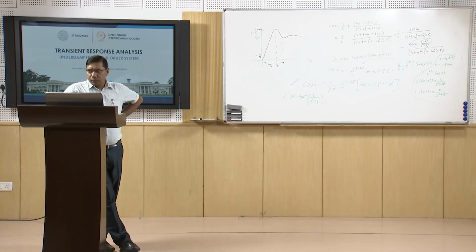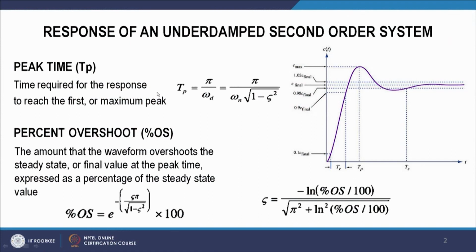Peak time is the time required for the response to reach the first or maximum peak. Here is the peak time, the time when this first or peak or maximum occurs. So let us find the peak time. What will be the peak time?